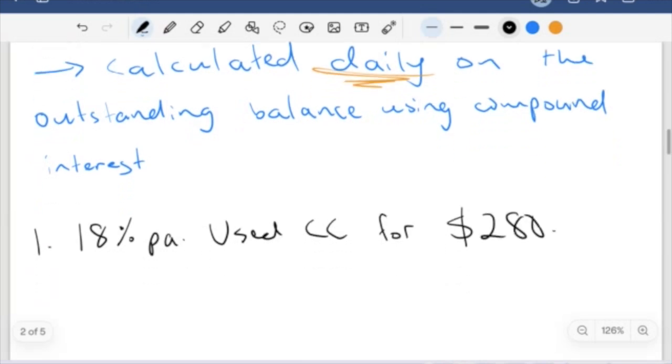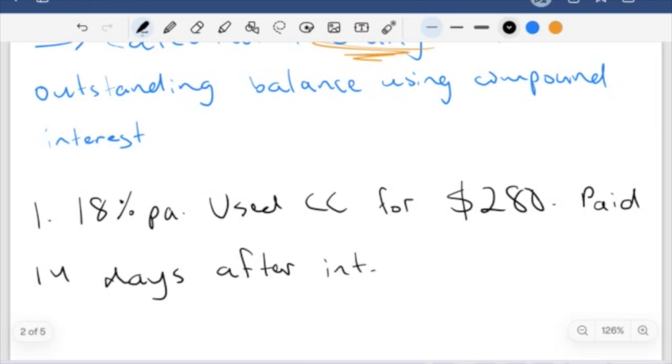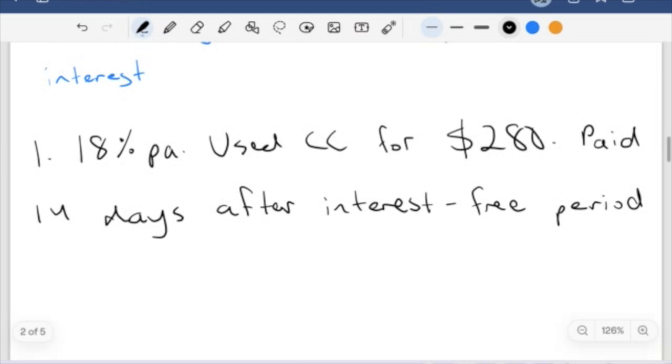And the credit card was paid 14 days later. So here, this is 14 days after the interest-free period. Okay, so using this information, we're going to try to find the total amount this person paid for the clothing, including this particular interest charged.